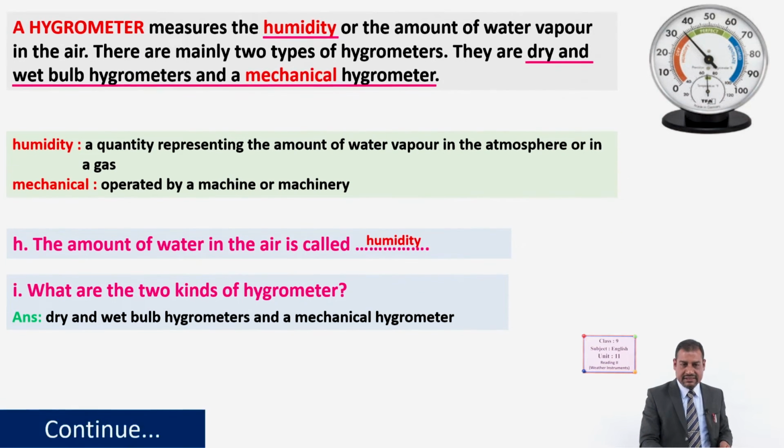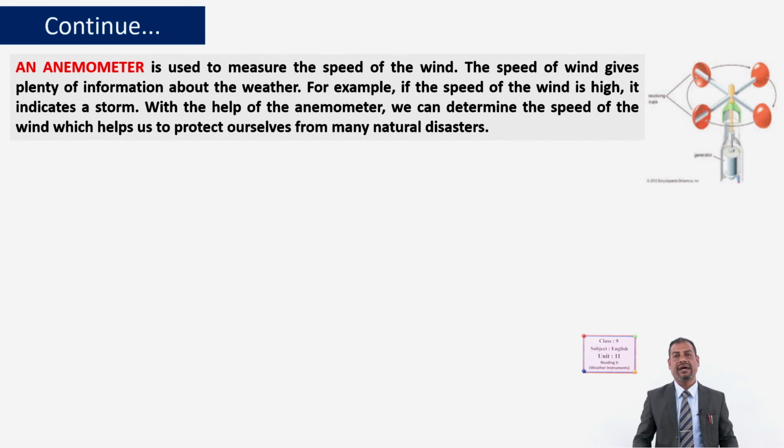Okay? Dear students, again we have another weather instrument, and that is the anemometer. So first of all, let me read, and you have to read, and again you will have to find the information. An anemometer is used to measure the speed of the wind. The speed of wind gives plenty of information about the weather.